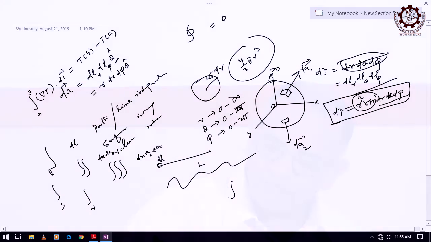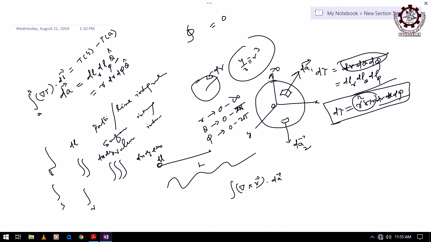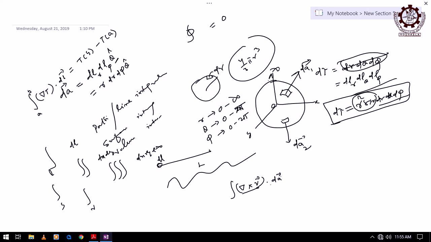What will be the value of this del cross V, then dot dA, surface, area is surface. So, this del cross V, vector field V, over area dA, but the integration is for volume. Then now how much will be the value? Whether it depends on the whole volume or only it will depend on the line.